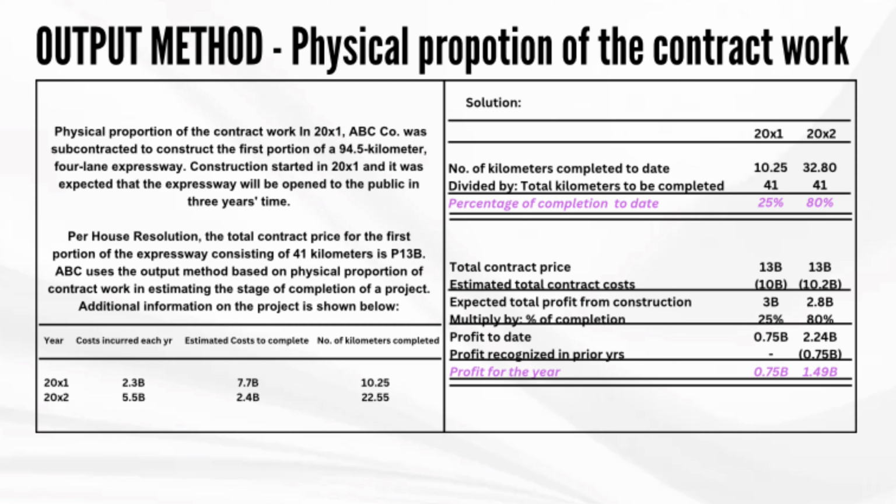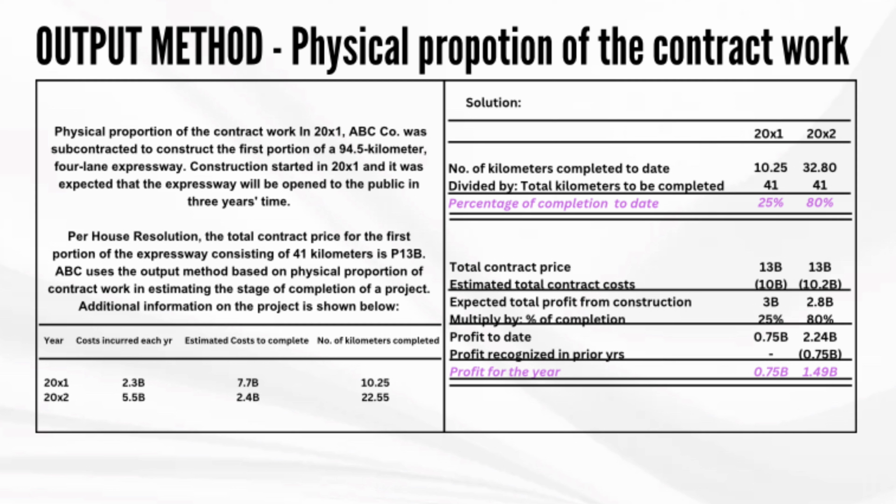Per House resolution, the total contract price for the first portion of the expressway consisting of 41 kilometers is 13 billion. ABC uses the output method based on physical proportion of contract work in estimating the stage of completion of a project. The additional information on the project is shown below.